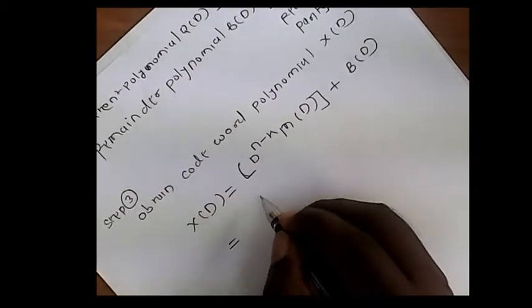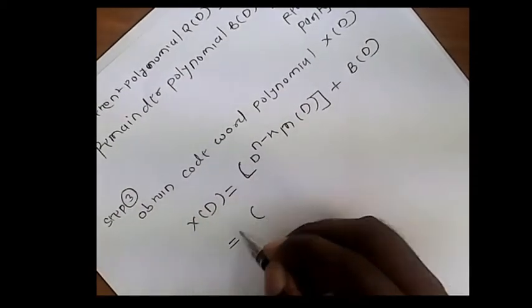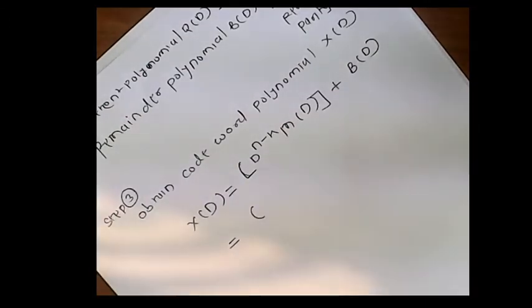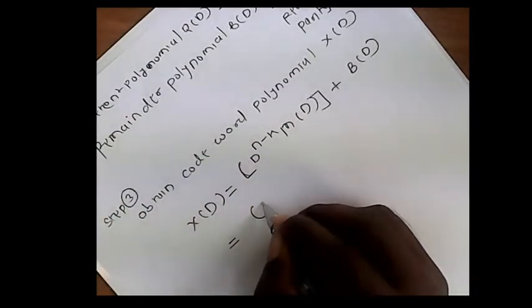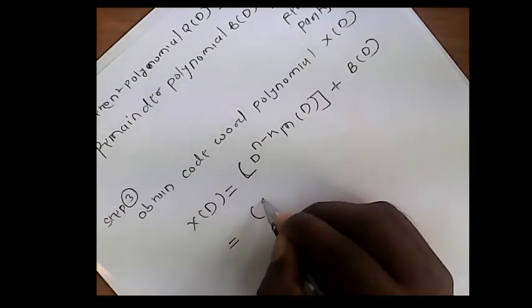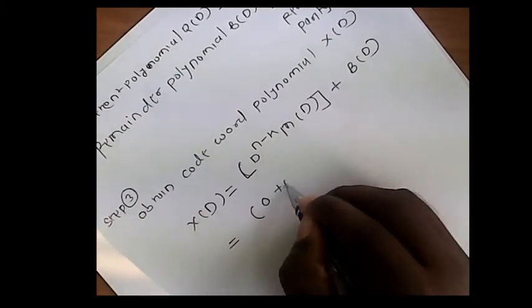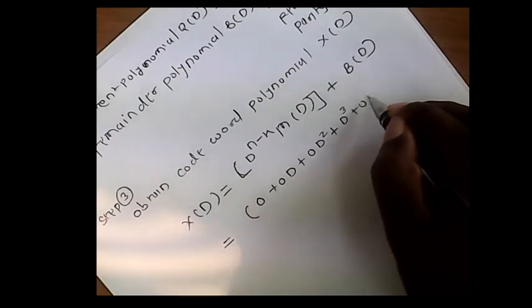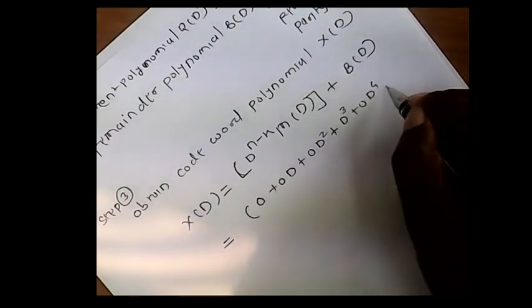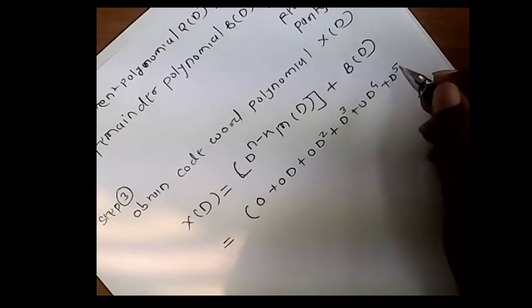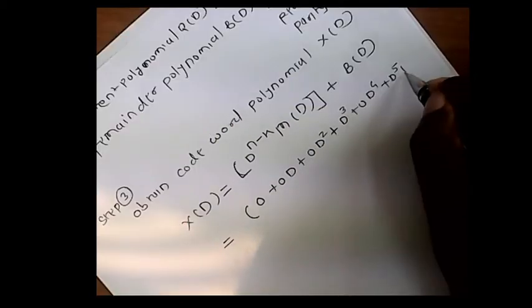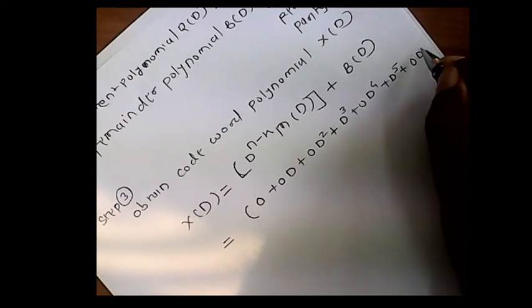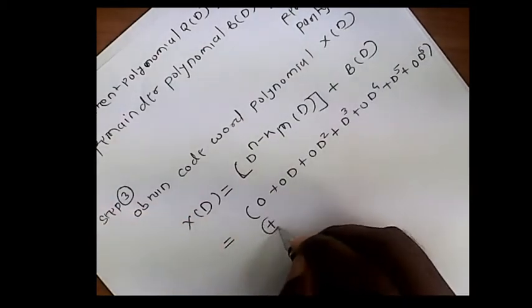So we can write down the parity bits: 0 d plus 0 d squared, d raised to power 3, 0 d raised to power 4, d raised to power 5 plus 0 into d raised to power 6, XOR.